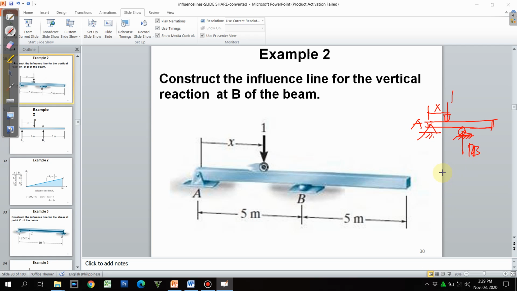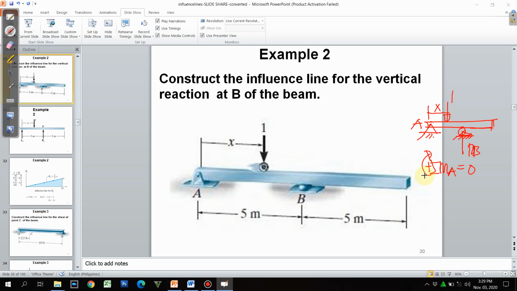So we need to determine the equation by taking moments. Summation of moments at A, we can obtain that equation.